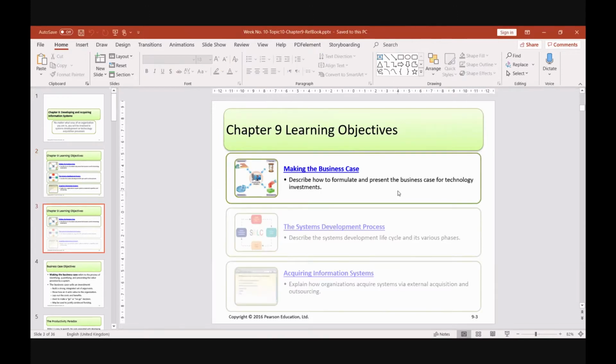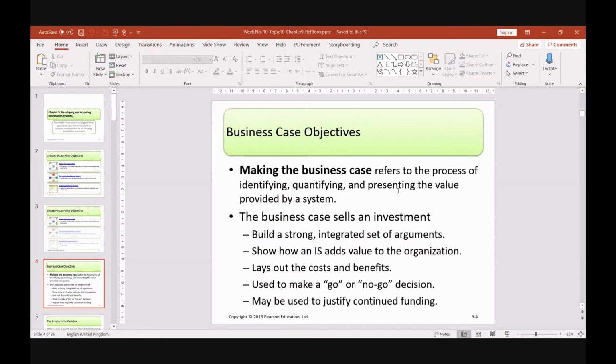So let's move on. Our first topic is making the business case. What is a business case? Any idea, guys? Any idea about business case?